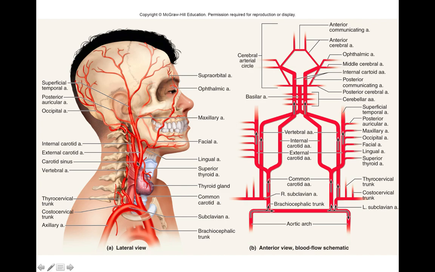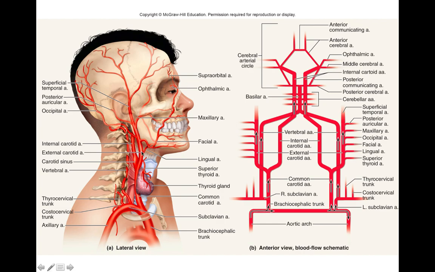It branches and you have your external carotid artery and an internal carotid artery. The internal carotid artery moves up toward the brain, so it's internal to your head. And then you have your external carotid artery, and that vessel will serve your face and more superficial areas. So internal carotid heads inside toward the brain. External carotid artery will serve your external head and face.